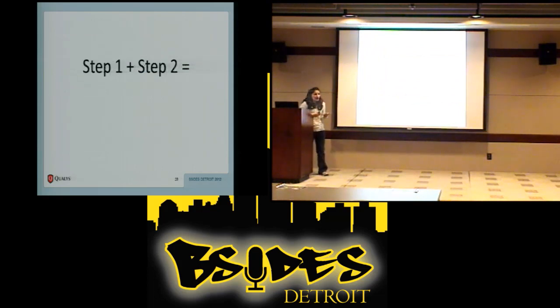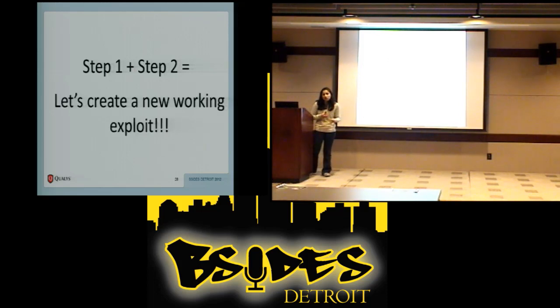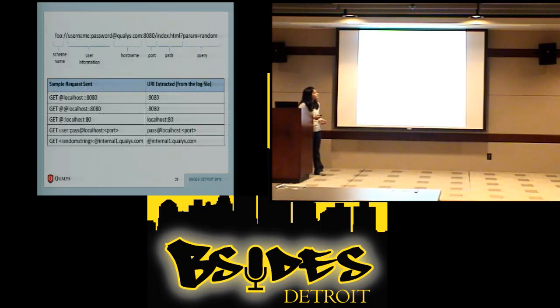Okay, now from step 1, we know what a URL with a scheme is. From step 2, we know how Apache is rewriting rules and how it's translating. For me, combining step 1 and step 2 was equivalent to creating a new working exploit. So let's see how we can do that.